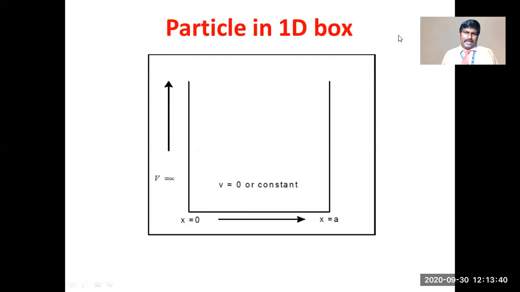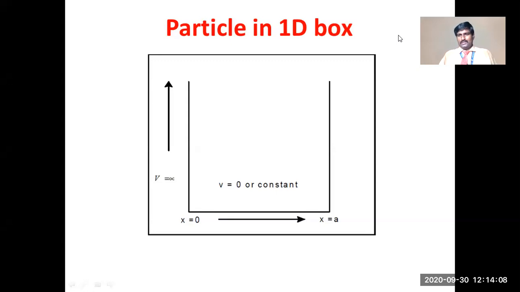Now, the electron will have two energies. We know well in classical mechanics also, kinetic energy and potential energy. Let us assume inside the box, potential energy is 0 or constant, and it will have kinetic energy inside the box. And outside the box, potential energy will be infinity.